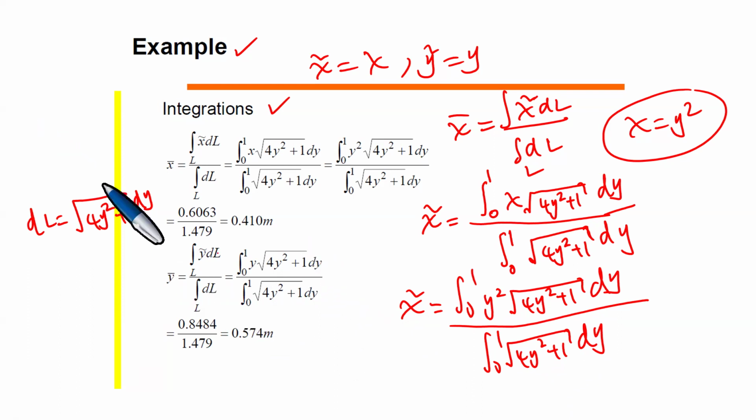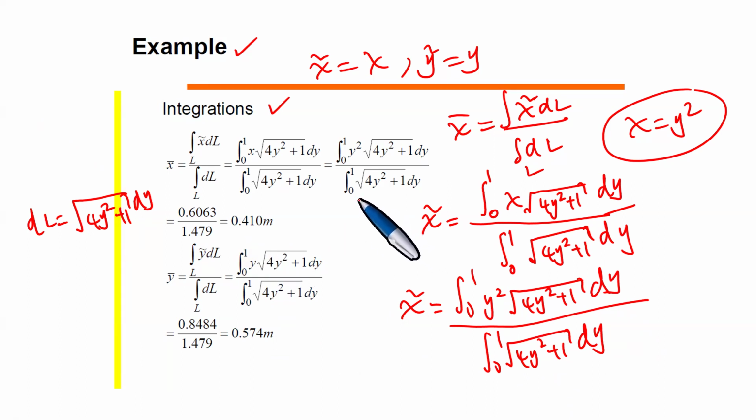What is the integral from 0 to 1 of y squared times the square root of 4y squared plus 1 dy? It is 0.6063. We're going to spend a bit more time on this so that you can get to know how to perform these particular integrals, and we shall use a couple of substitutions.